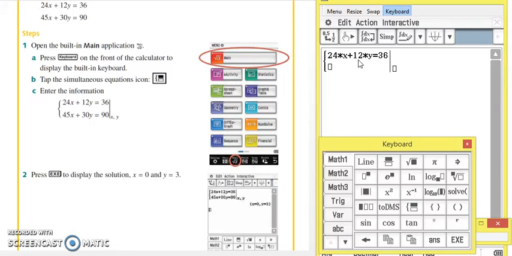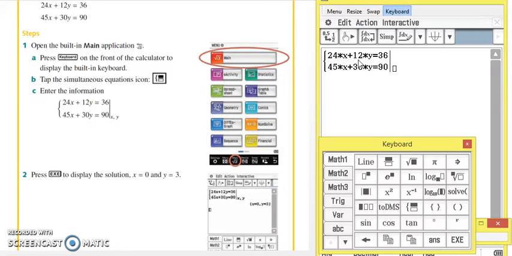Now, we're going to go to the next line. With your control pad, you're actually going to go down. You're not going to press execute. You have to go down. If you press execute, it's going to come up with an error message. So the second one, 45 times x plus 30 times y is equal to 90. We're going to go across, and then we are going to put what we want the calculator to solve for.